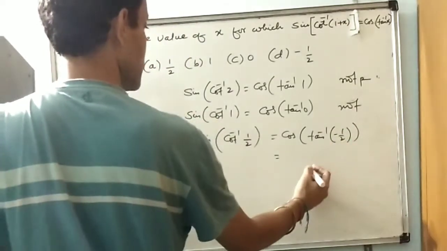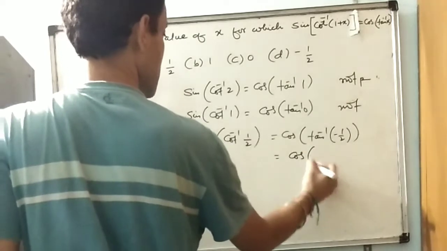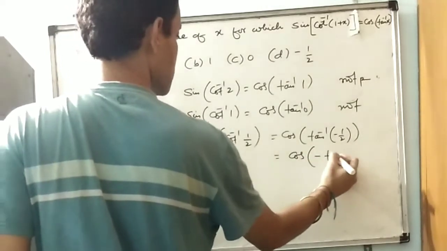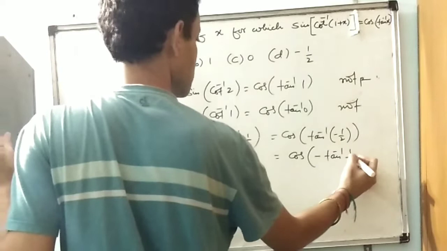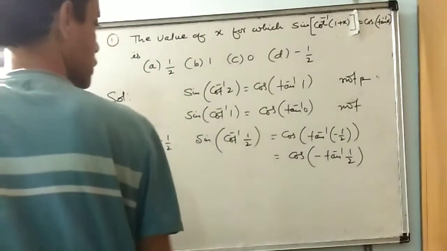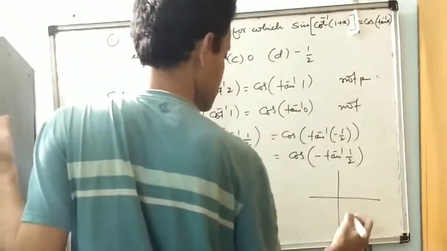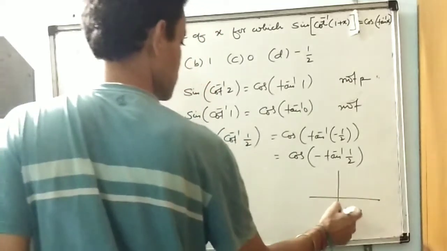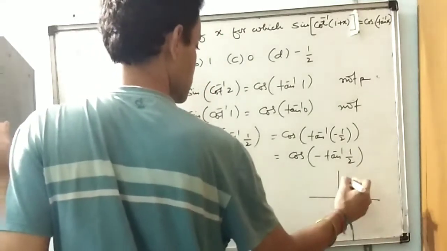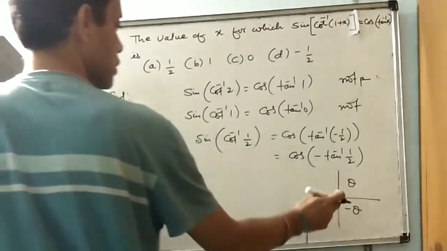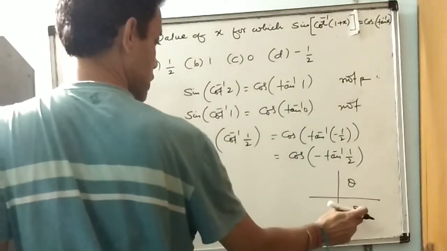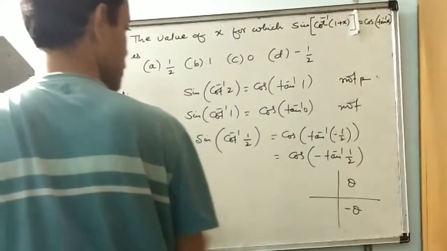Tan inverse of minus theta is minus tan inverse theta. We have done it so many times: minus theta for sine inverse, cosec inverse and tan inverse whenever we have negative things.